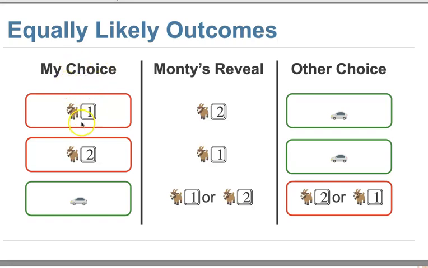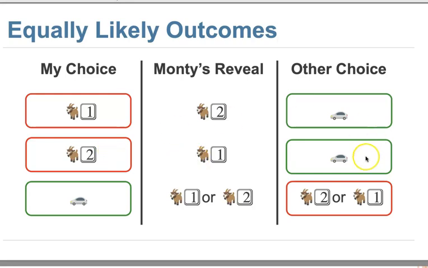If your choice is the first goat, you have 2 goats, we make the first goat and second goat. If your choice is the first goat, the game show host will reveal the second goat, right? So that's why if you switch, you will get the car. Then if your choice is the second goat, the game show host always shows you the first goat.